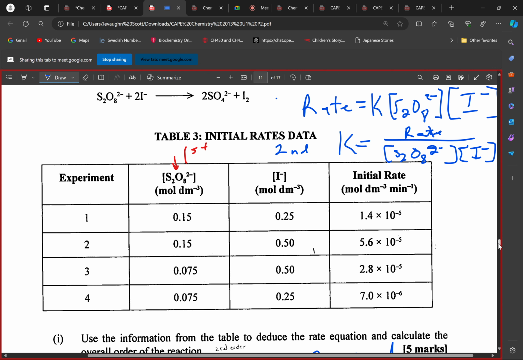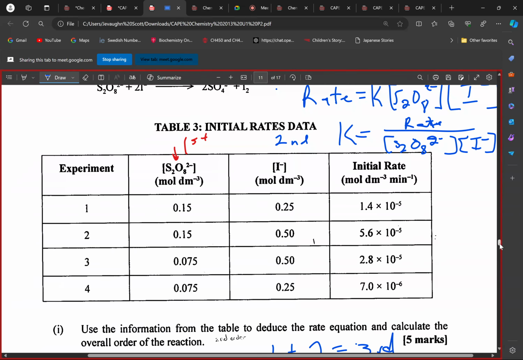Are we fine with that? Yeah. Okay, so when we plug in the values, we're supposed to get a rate constant k. In the interest of time, I'll just plug everything into the calculator at once, and you should be able to use any of these experiments. I just tend to go with experiment 1 because it's the first experiment.